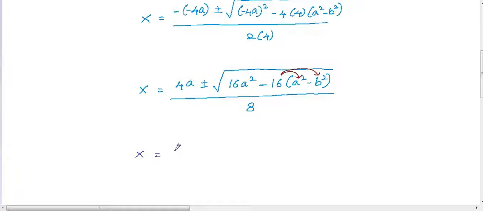Now distribute minus 16 into a square minus b square: 4a plus or minus square root of 16a square minus 16a square, minus 16 into minus b square becomes plus 16b square, whole divided by 8.